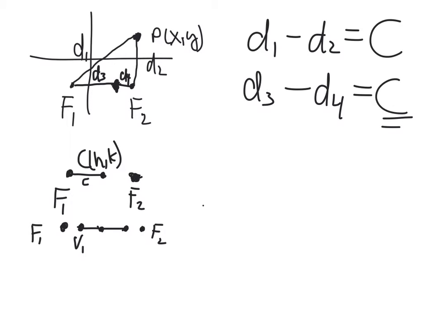This will be vertex 1 and this will be vertex 2 with our center HK. And again, the distance of the major axis will be 2a. So the distance between the center and a vertex will be a, just like we defined the ellipse. The only difference is the foci are outside of the vertices on the hyperbolas.